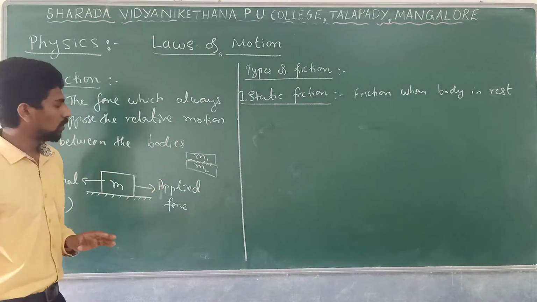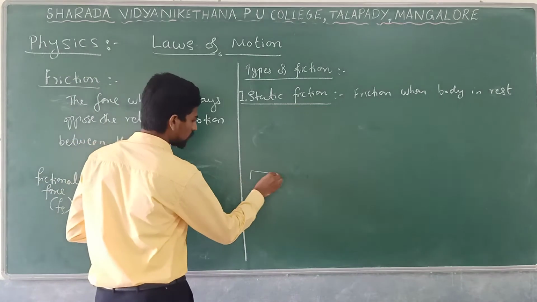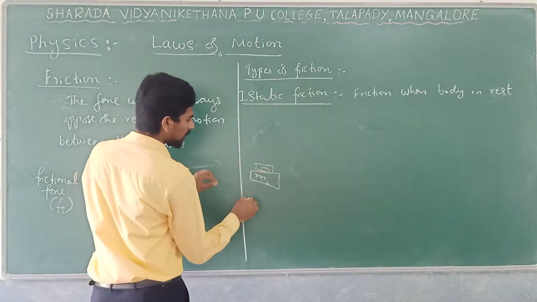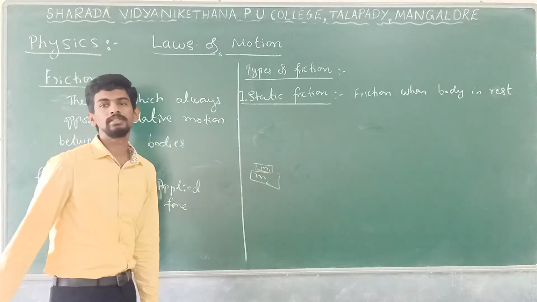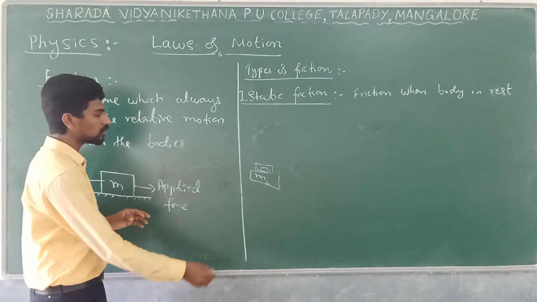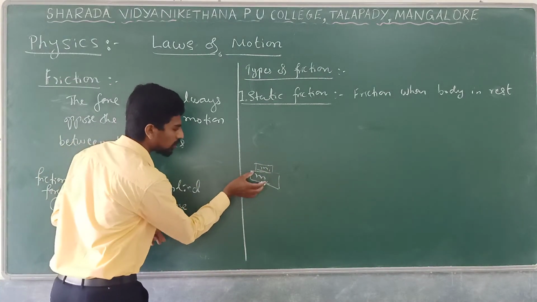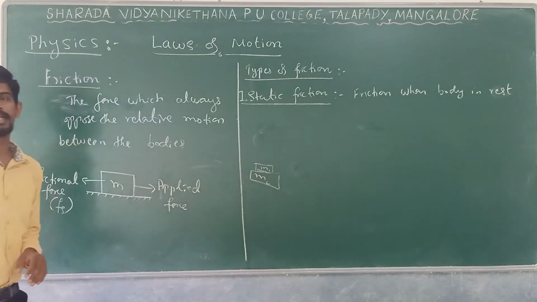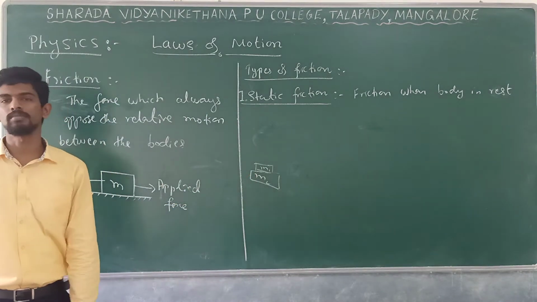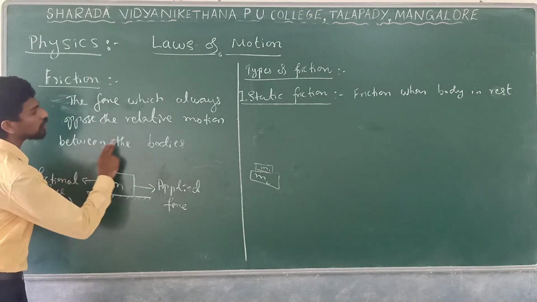No. Only when M1 is moving over M2 is there friction. That is called relative motion. With respect to M2, only M1 is moving, or with respect to M1, only M2 is moving. One body is moving with respect to another body. So the frictional force comes into the picture when there is relative motion.